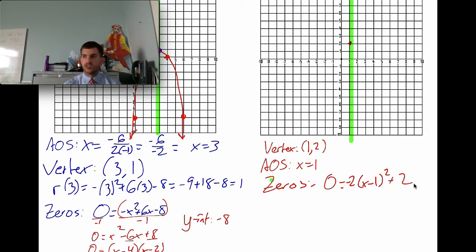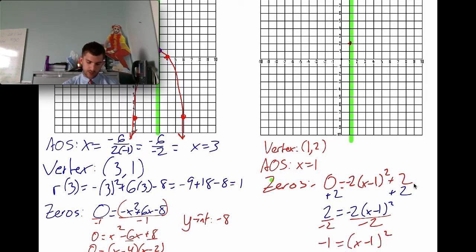What I would do in this one is just start solving for x. So let's add 2 to both sides. So we have 2 equals -2 times (x - 1)^2. Trying to get rid of everything that's not x, let's divide both sides by -2. We end up with -1 equals (x - 1)^2.